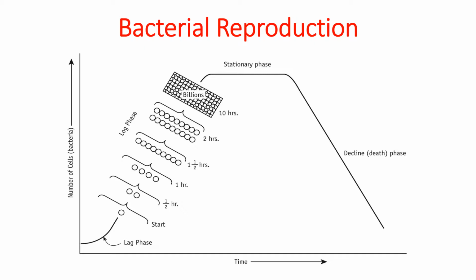Within 1 hour, it becomes 4, and it continues to increase exponentially until we look out 10 hours later, and that one cell has turned into literally billions of cells. So on any given piece of food, you're going to have bacteria. Take, for example, raw meat. It's going to have bacteria on it already.